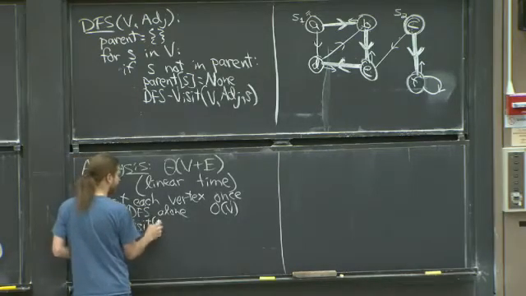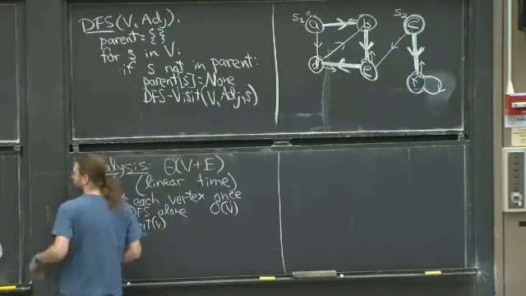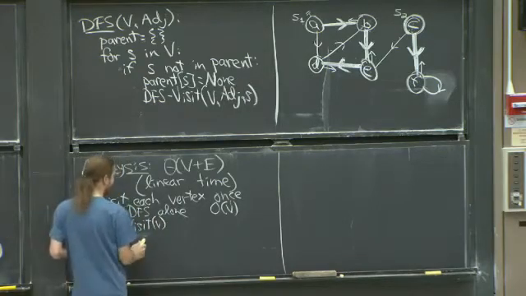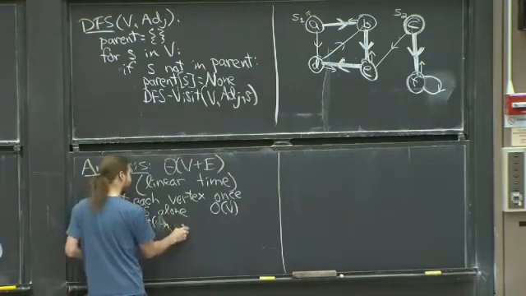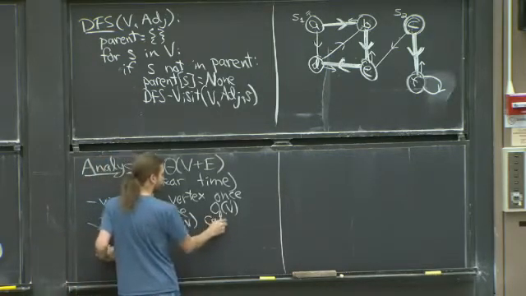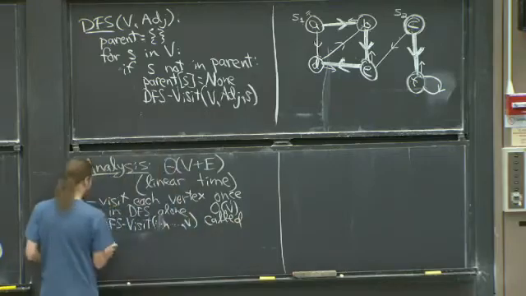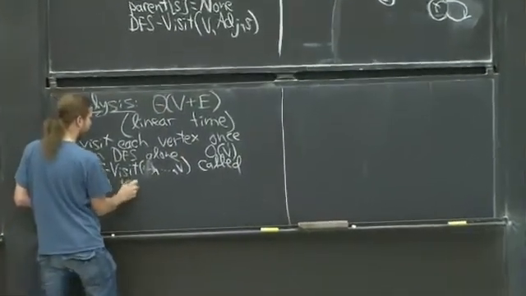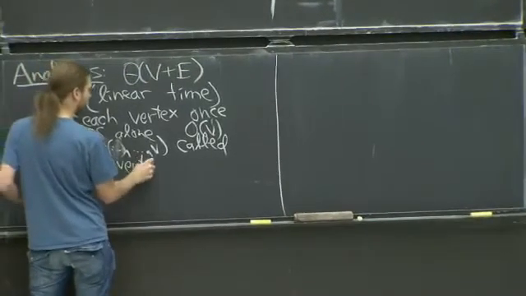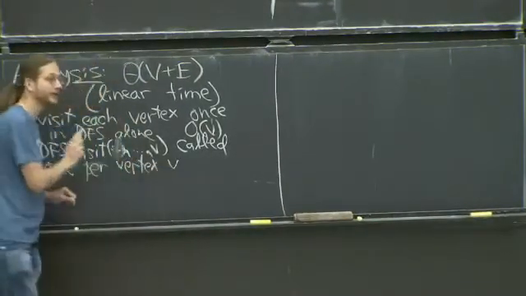So DFS visit of v, meaning the last argument here, is called at most once per vertex v. Okay, but it does not take constant time.